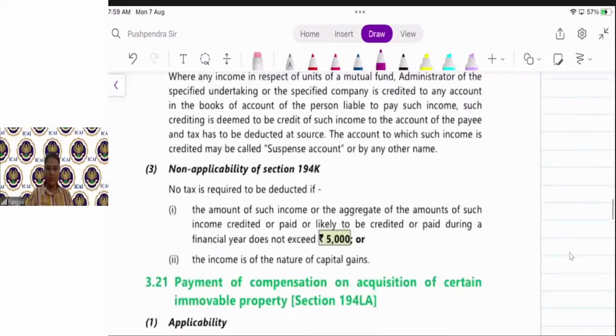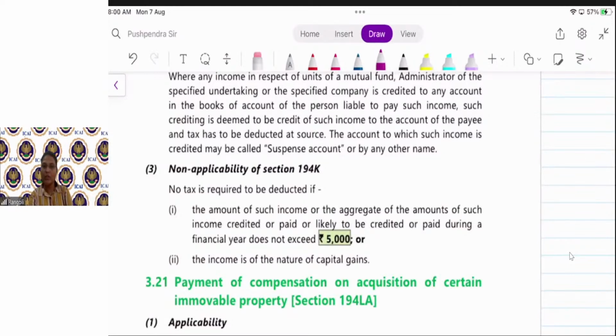Non-applicability. This section is not applicable when the amount paid by the mutual fund company to you during the financial year is less than 5,000 rupees, or the income is in the nature of capital gain. Income is considered to be in the nature of capital gain when you sell the mutual fund.